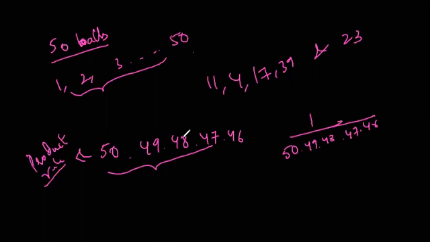This is the total number of outcomes, while this is only one way in which we are picking up the balls. Now what is the next condition? Let's see the next condition.